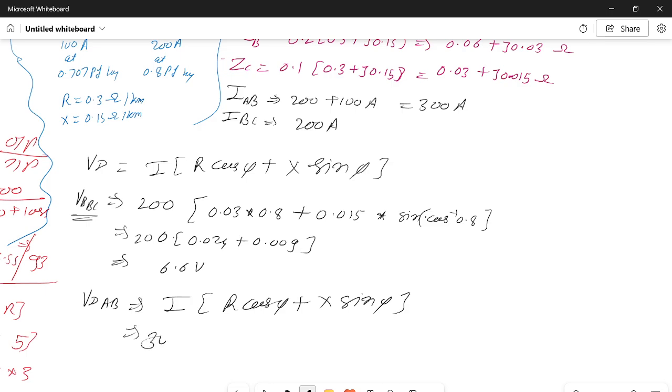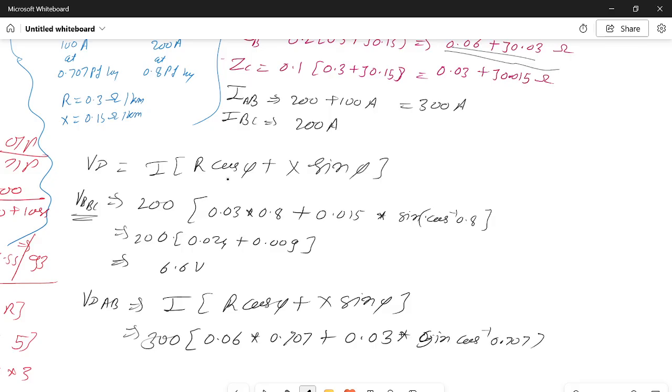My current here is 300 ampere into (0.06 into 0.707 plus 0.03 into sine of cos inverse of 0.707).